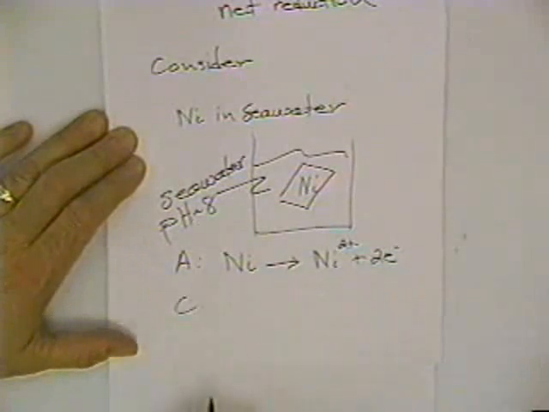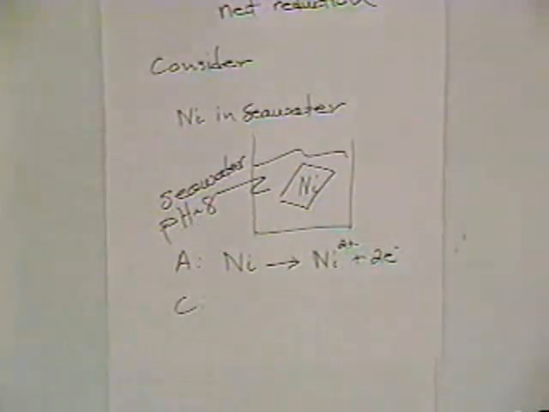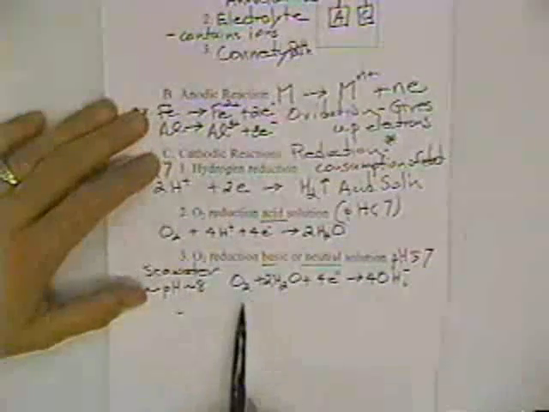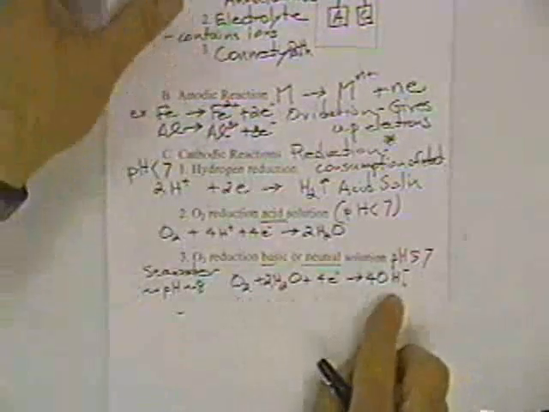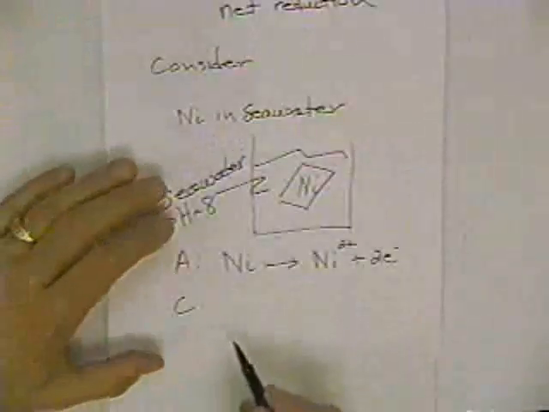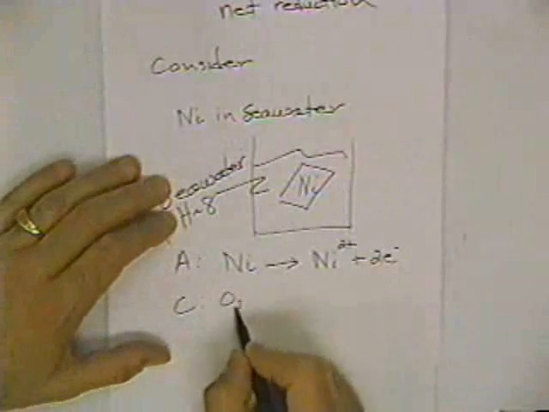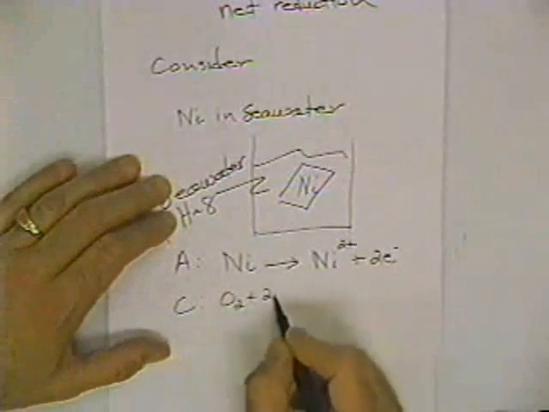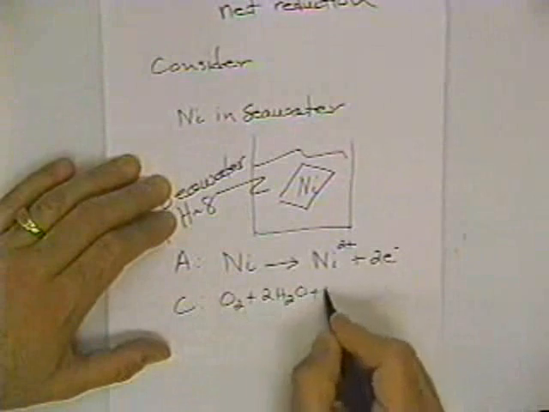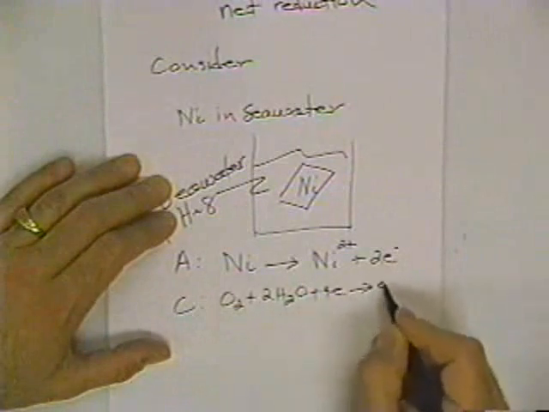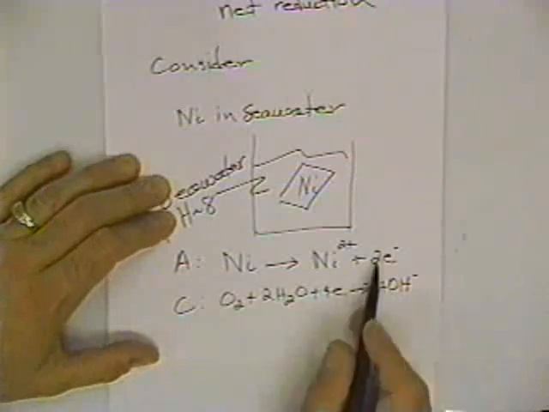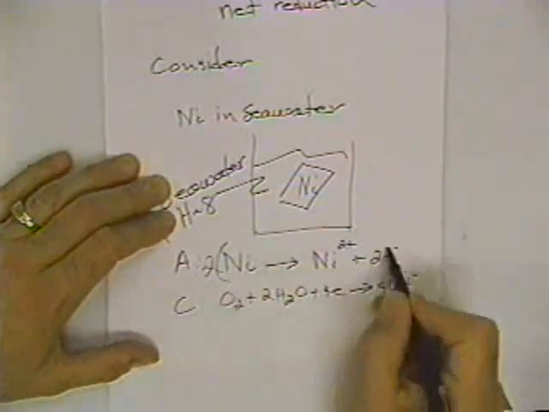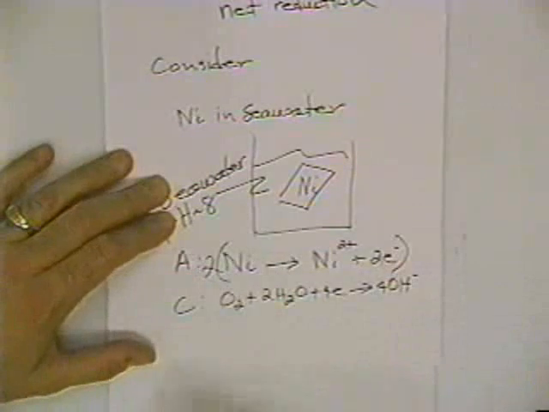The cathodic reaction would be, let's see, this is a basic or neutral solution, so the cathodic reaction that we would like to have would be this one right here. So we could write the cathodic reaction as oxygen plus 2 H2O plus 4 electrons going to 4 OH-. Now to balance this, we only have 2 electrons here, so we've got to multiply this by 2.